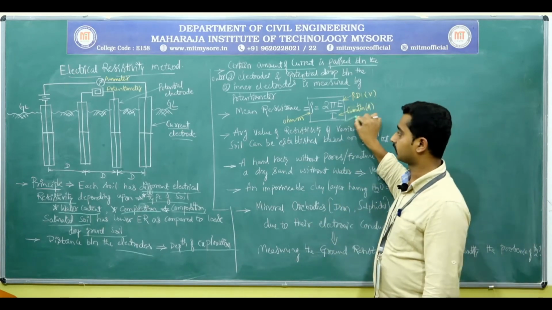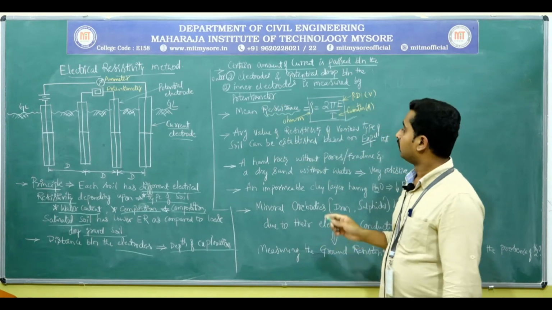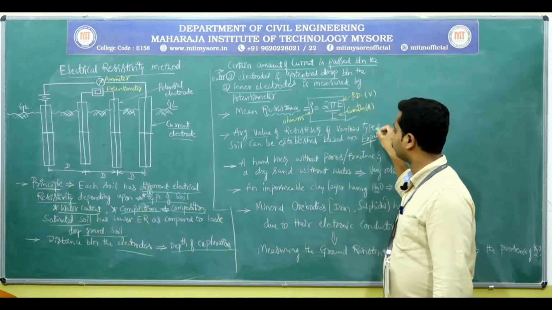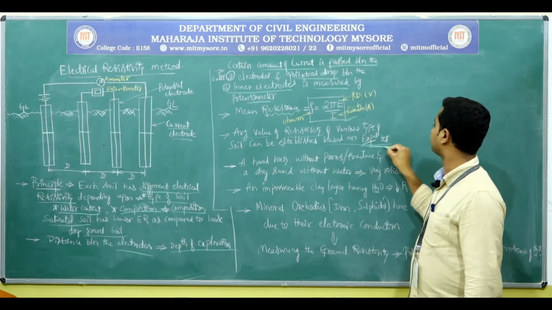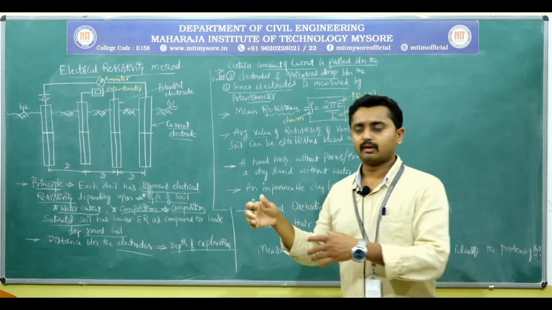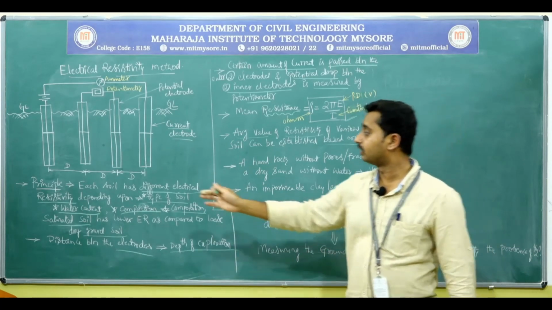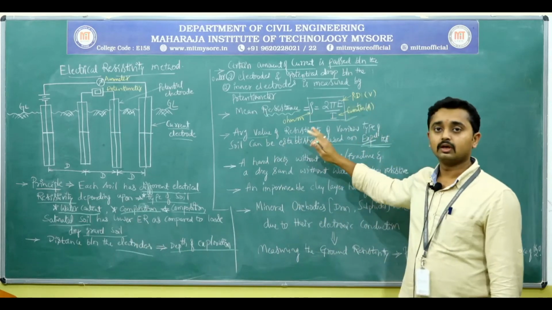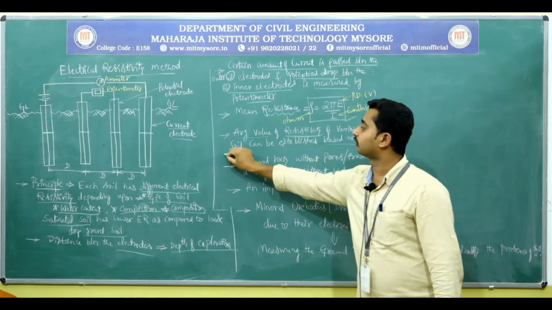This is the formula to calculate the mean resistivity. The average resistivity of various types of soil can be established from experimental tests, by conducting experiments for different distances between the electrodes.